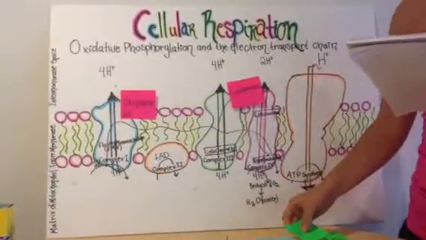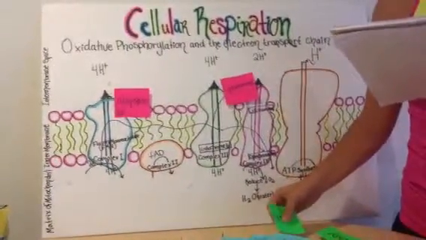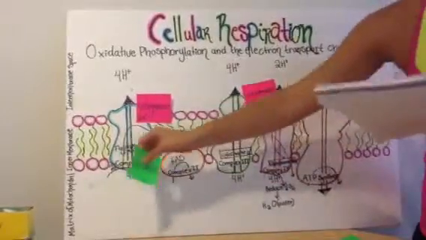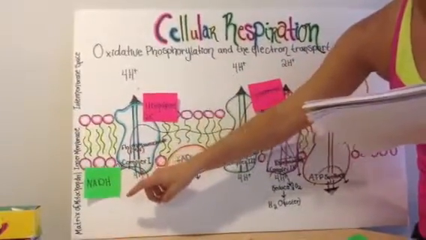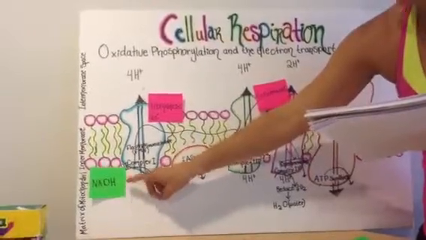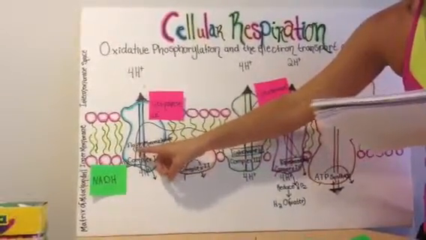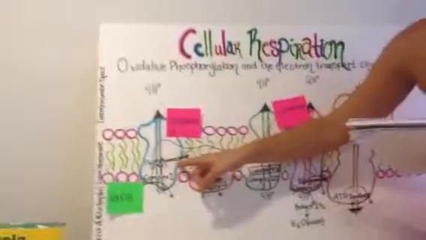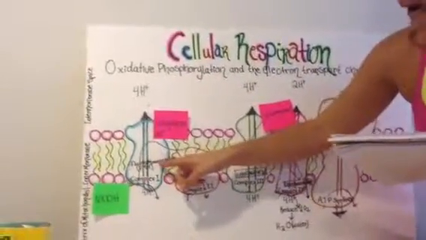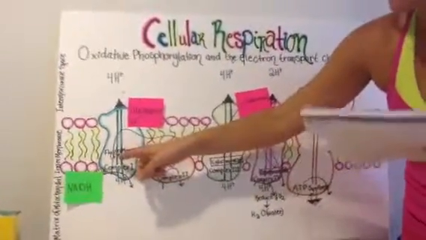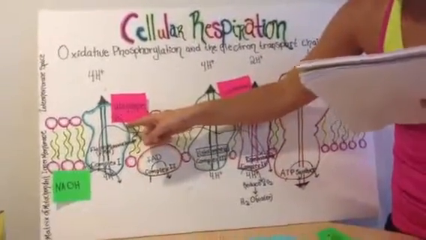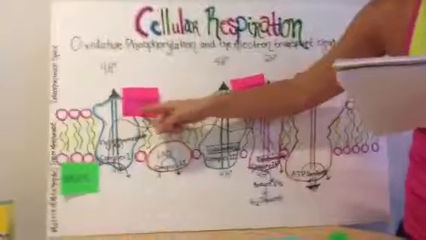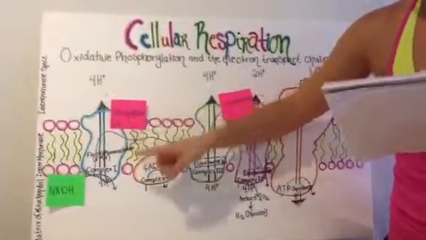First, we have the electron carrier NADH. NADH donates its 2 electrons to flavin mononucleotide, also known as FMN, which passes them on to ubiquinone.